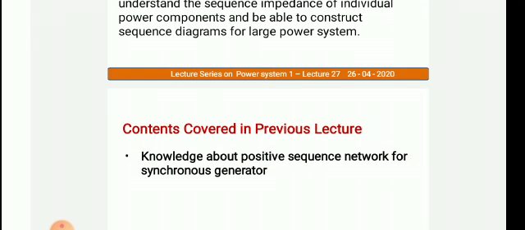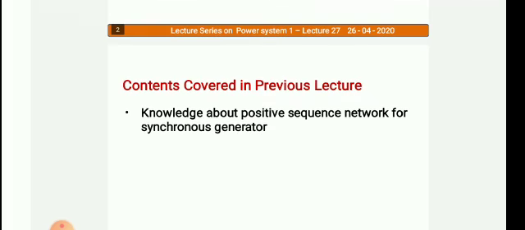So for each component we can draw the positive, negative and zero sequence component. This will help in analyzing the faults for the entire power system as a network.